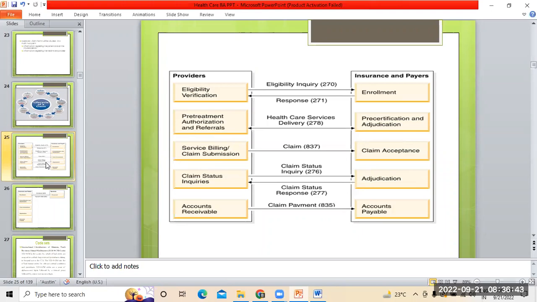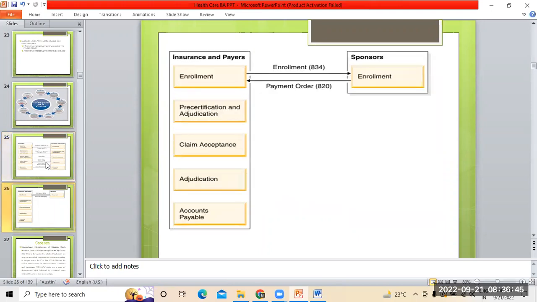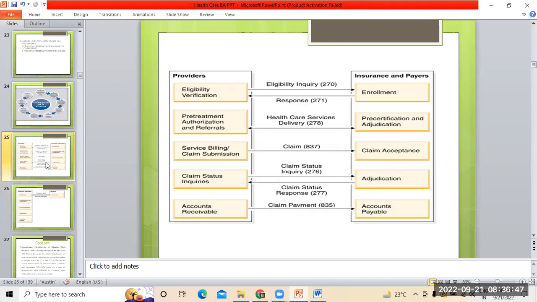Normally this process is done by the providers toward the insurance as well as the payers, where eligibility will be cross-checked. So the eligibility request is sent by the providers to the insurance companies.